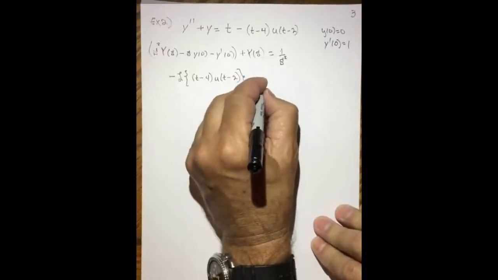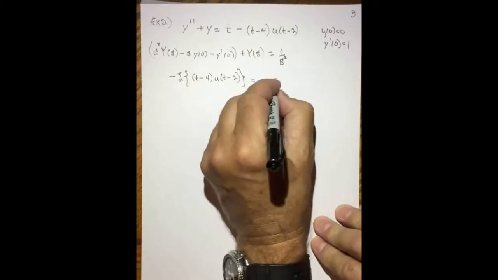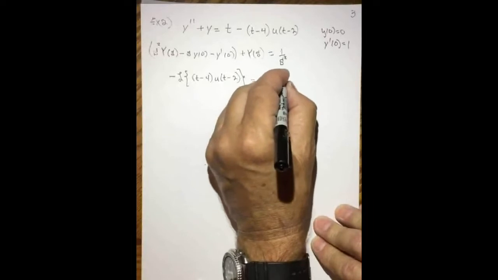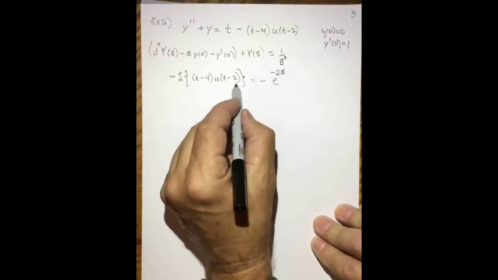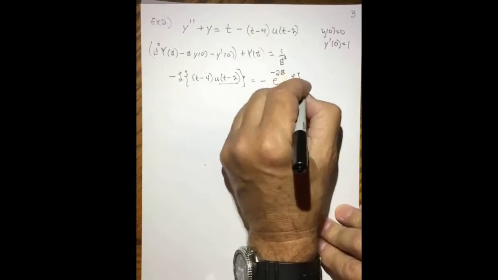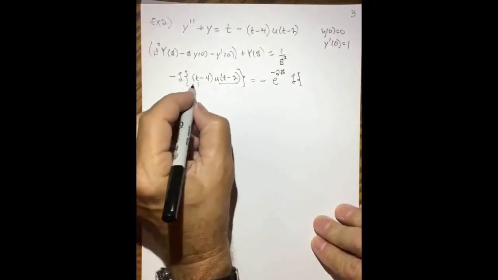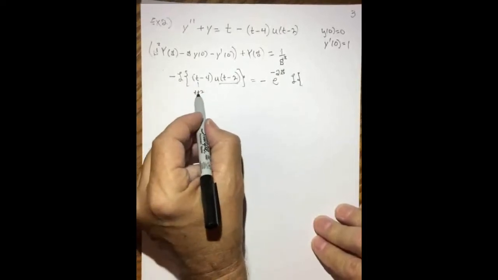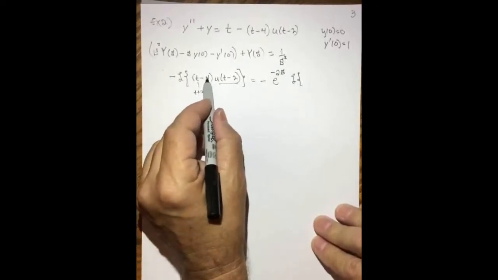I'm going to get a minus, and I'm going to get a minus e to the minus 2s. That's from the step function part. And then I need to take the Laplace transform, and what I need to do is replace that t with t plus 2. So I've got t plus 2 minus 4.